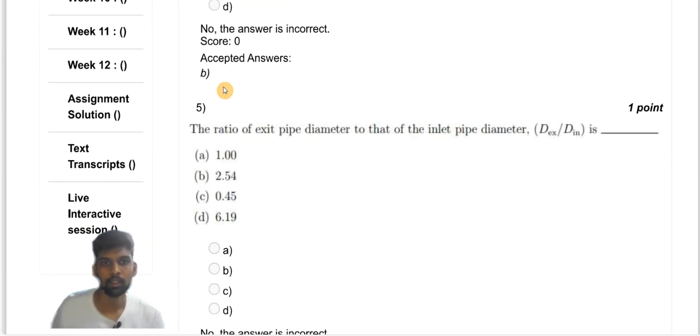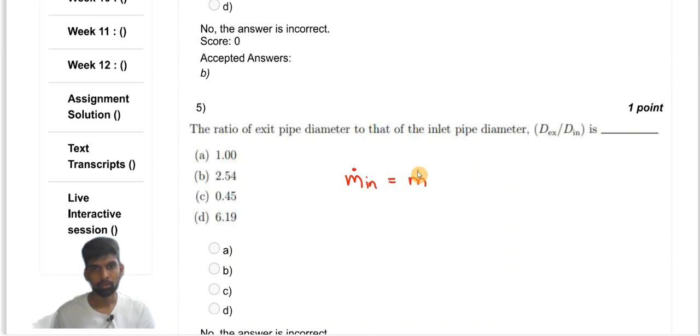Then the ratio of exit pipe diameter to that of inlet pipe diameter. Also, we have m dot in equal to m dot out from mass balance. So we have rho 1 A1 V1 equal to rho 2 A2 V2.